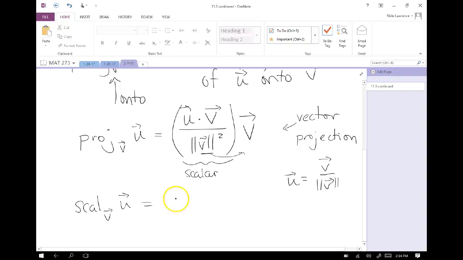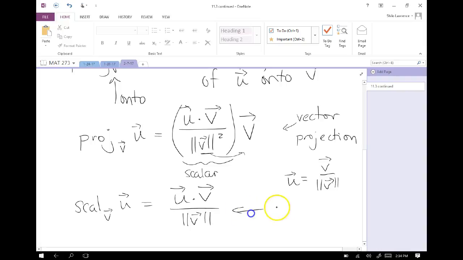So really the scalar projection is just U dot V over magnitude of V. It's not squared because one of those actually has the purpose of shrinking V down to a unit vector. And then the other one is used in the calculation of how long we want the new vector to be.